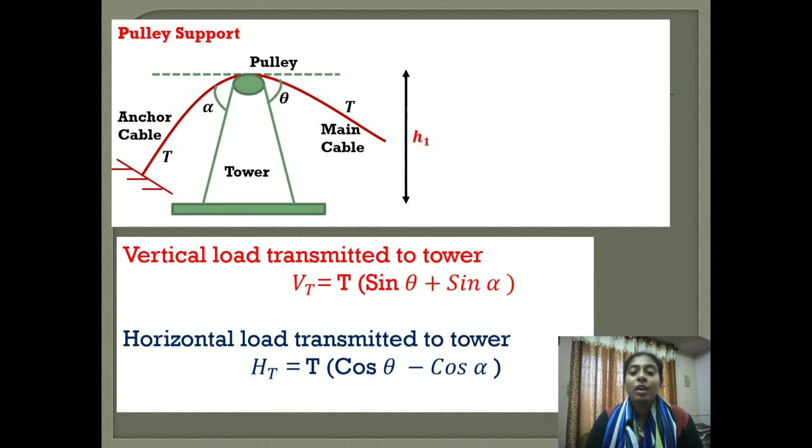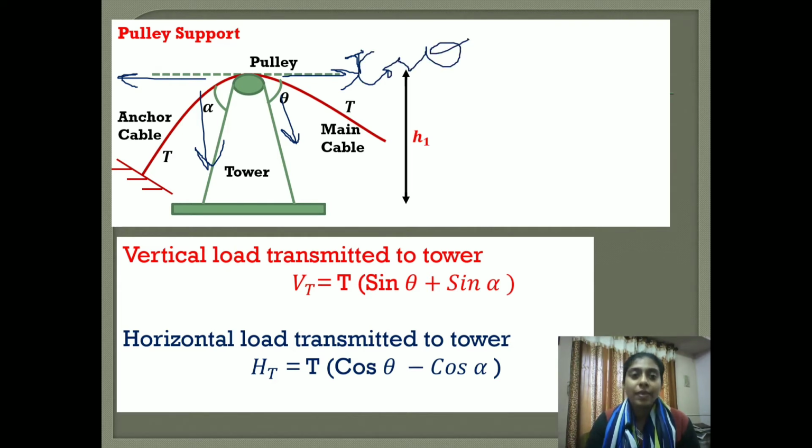Now, what will be the horizontal load that will be transmitted to the tower? The tension in the cable can be resolved horizontally and vertically. In the same way, the tension in the anchor cable can be resolved horizontally and vertically. Now consider the horizontal components. This component is T cos theta, and this component is T cos alpha.